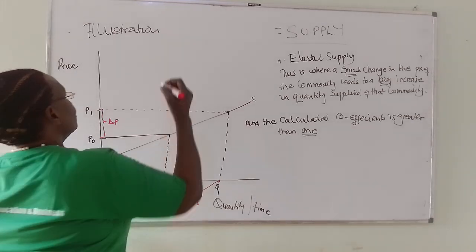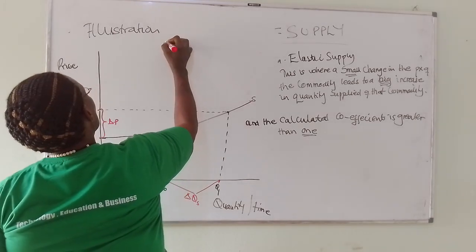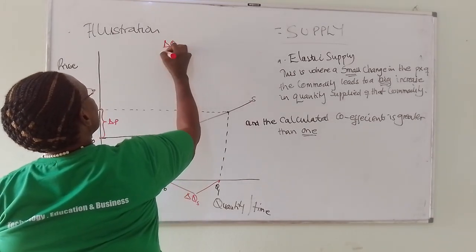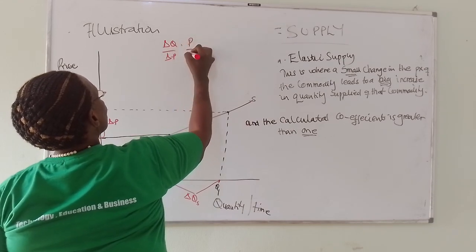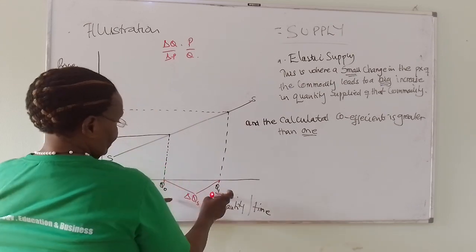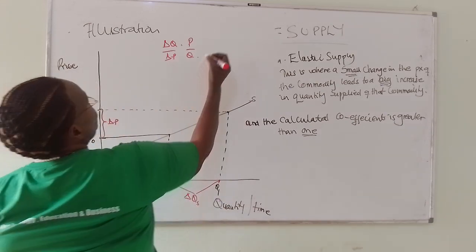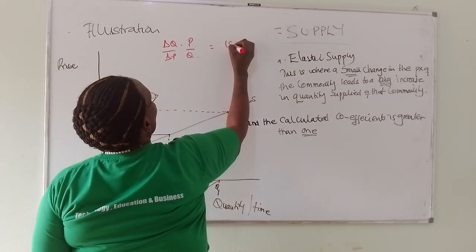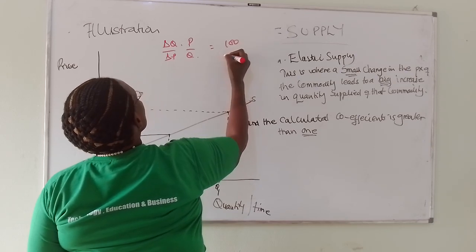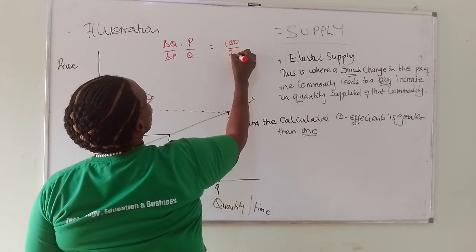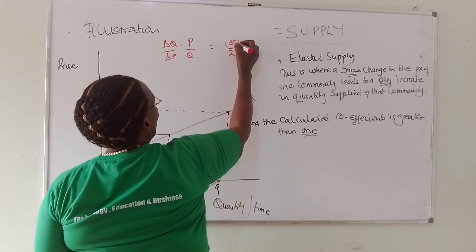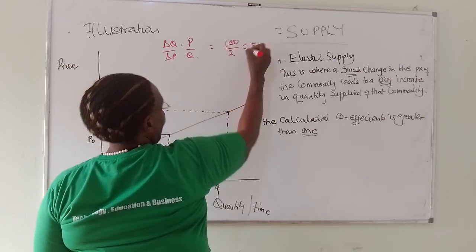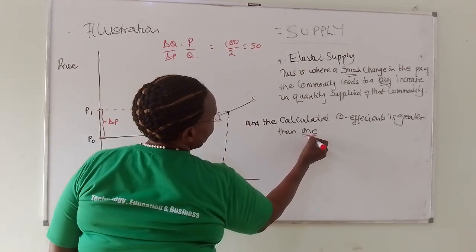Why? Because we have seen that in our calculation we have change in quantity over change in price multiplied by original price over original quantity. So our change in quantity is big. So you have a bigger value, let's say 100. That is the change in quantity. The change in price was 2. And you find that definitely 100 divided by 2, you get 50. And 50 is greater than what? Greater than 1.